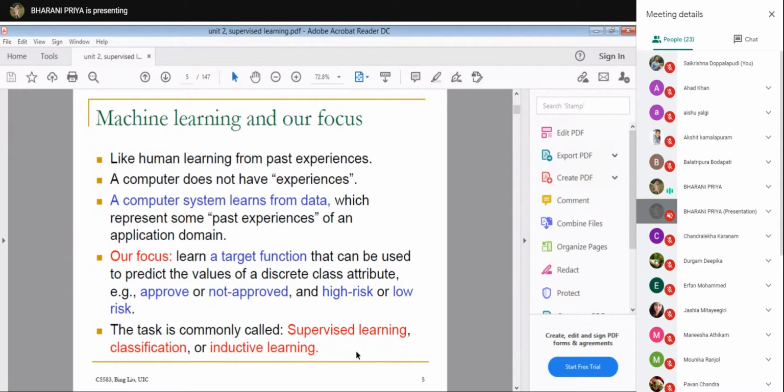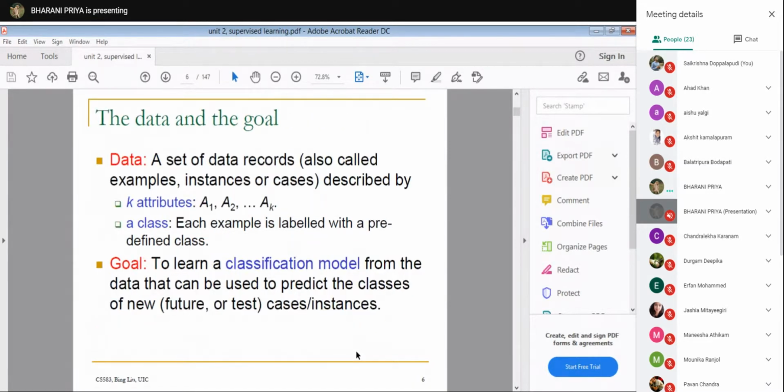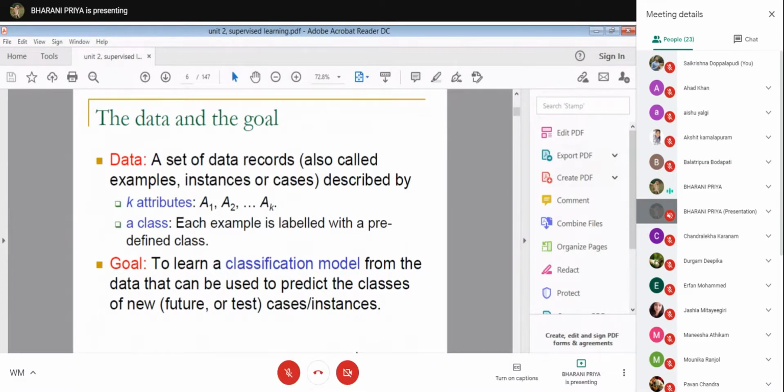This type of task is commonly called supervised learning. In association there is no learning, but in classification there is learning. The system will learn from the past data and predict the future.